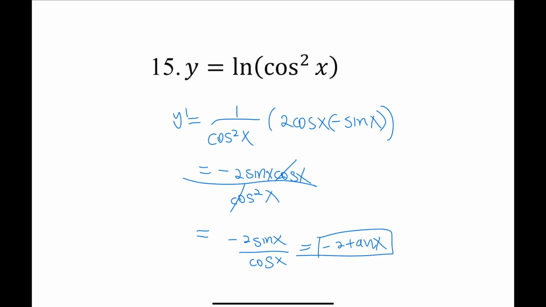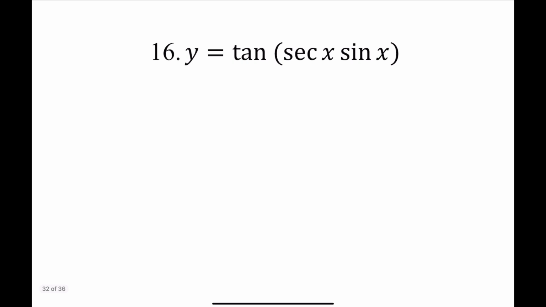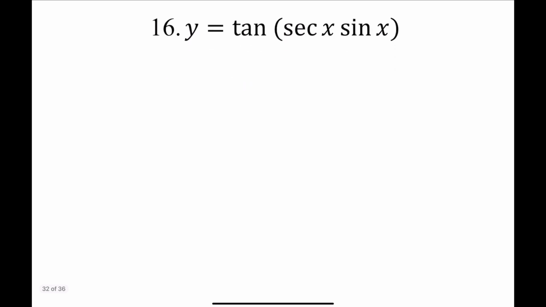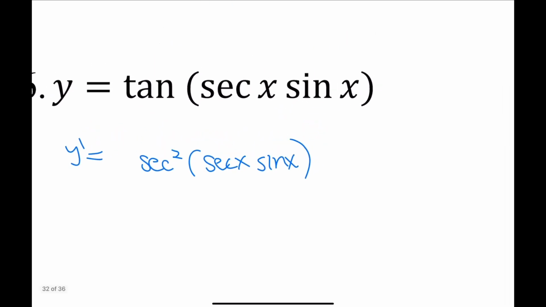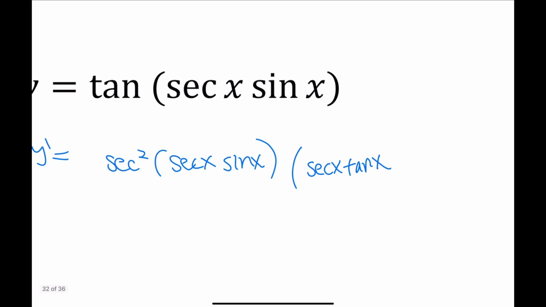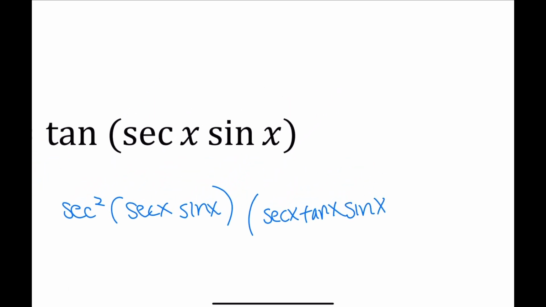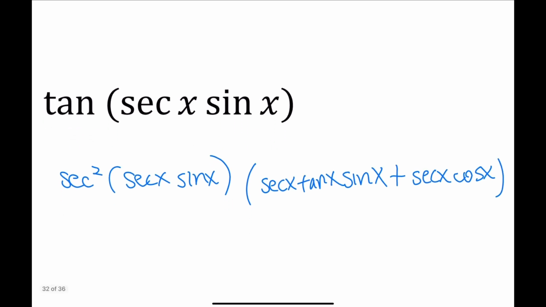Okay, and then number 16, y equals tangent of secant x times sine x. So y prime would give us secant squared, secant x sine x, and then do product rule for chain rule. So you get tangent x times sine x plus secant x times cosine x, right?